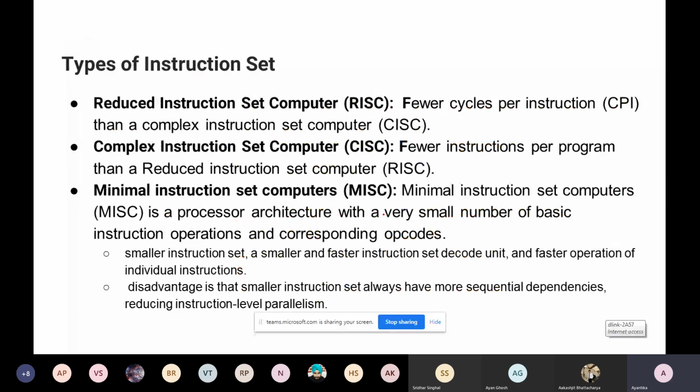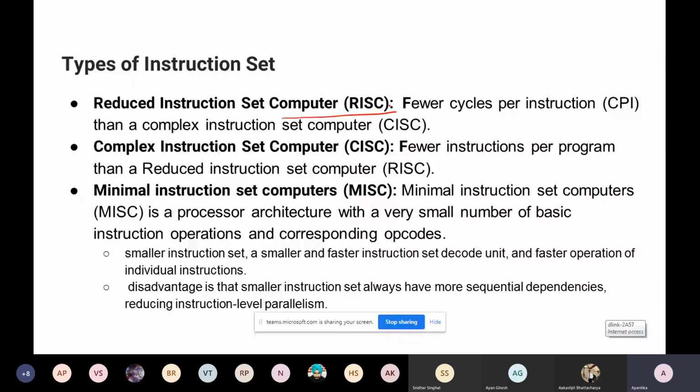So when we say types of instruction sets, what are the different types of instructions or instruction sets? First we can name it RISC. Maybe you all have heard about RISC and CISC. These two names are very common.